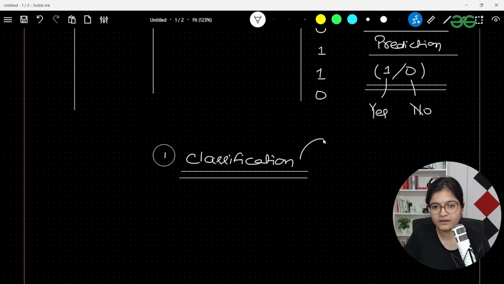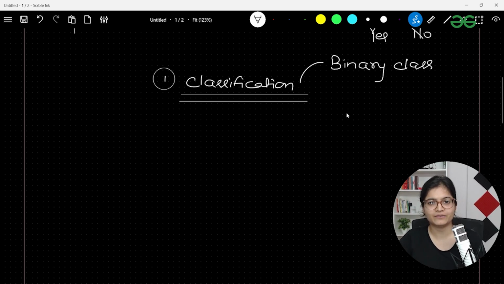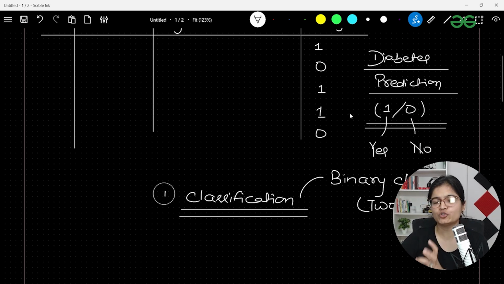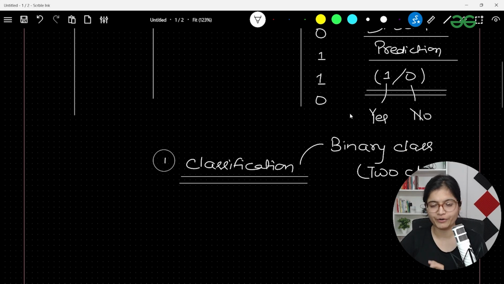It can be a binary class classification problem. When I say binary class, I hope everyone understands that we will have two classes. For example, the above example is a binary class classification problem where we have two classes, yes and no, right?